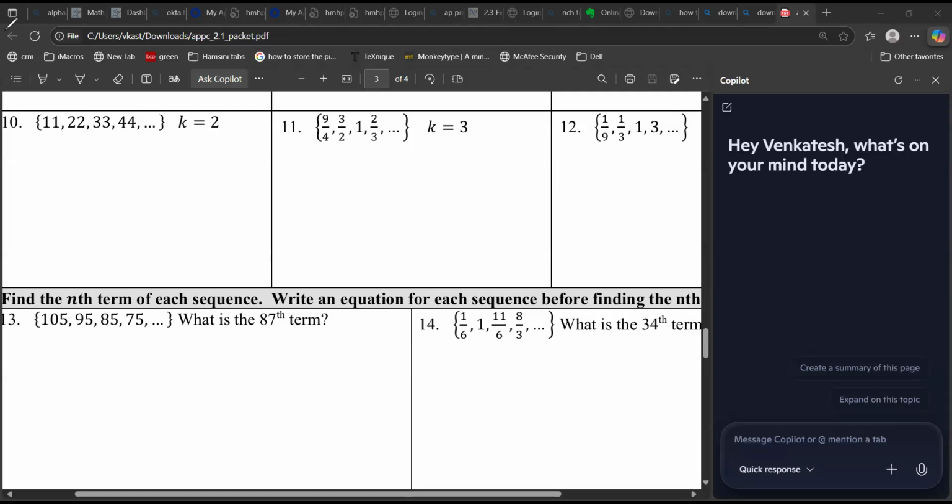I submitted my answer for number 13, Miss Priya. Okay, go to Google Classroom and share the sheet with me. Share the Google Classroom, there's a lot of homework. Okay, go there. Are you sharing the screen with me?